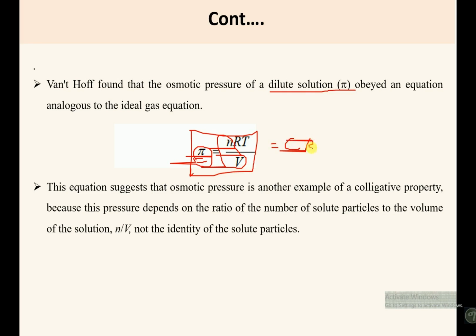If we take the number of moles divided by volume in liters, it is molarity. So n over V is nothing but capital M, and pi equals M RT: molarity times the gas constant times T is equal to the osmotic pressure.